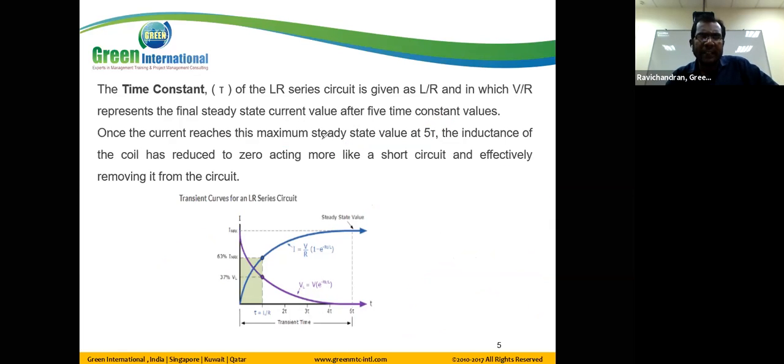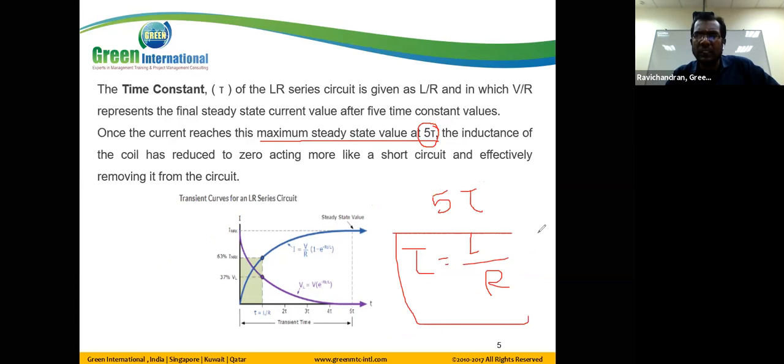Once again, to achieve the maximum steady state value, we must reach 5 tau. Tau is a time constant. Time constant tau is equal to L by R. Once again, we must learn this equation by heart.